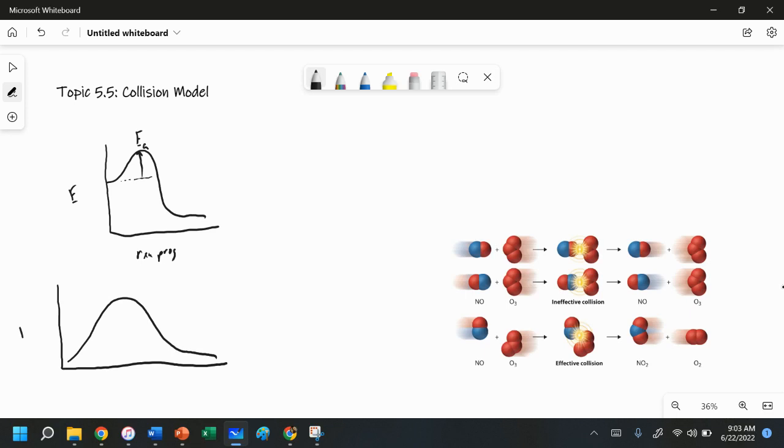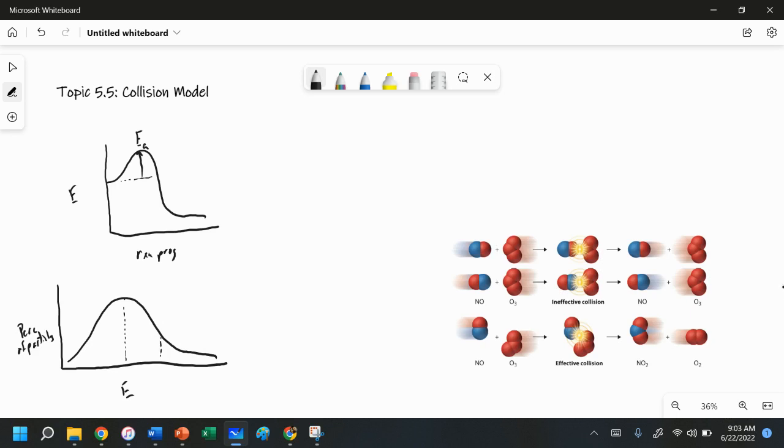So this would be percentage of particles on a Maxwell distribution diagram, and this would be energy on the x-axis. At any given temperature, particles will have all kinds of different energies, because remember, temperature is the average kinetic energy of the particles. So the maximum hump here would be basically the energy corresponding to the temperature that these particles are at. Some particles will have less energy, some particles will have more energy.